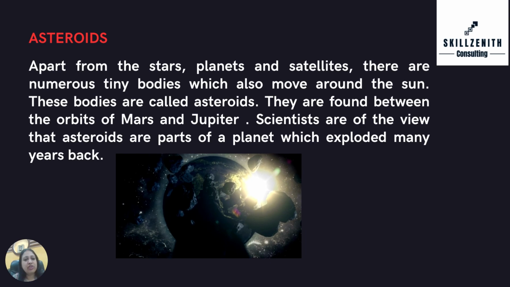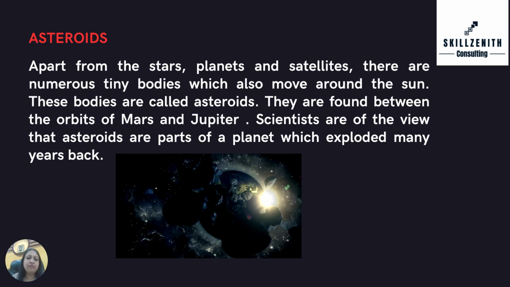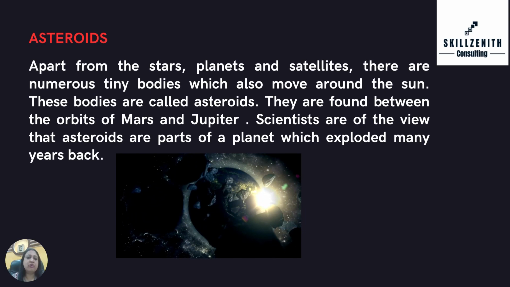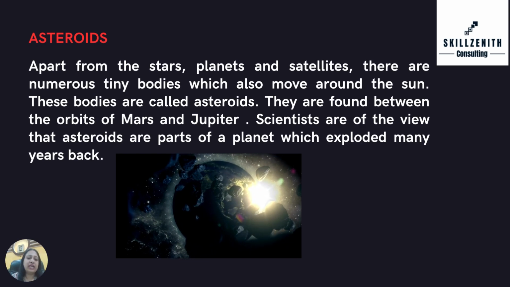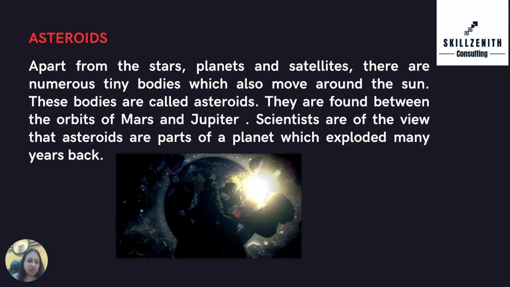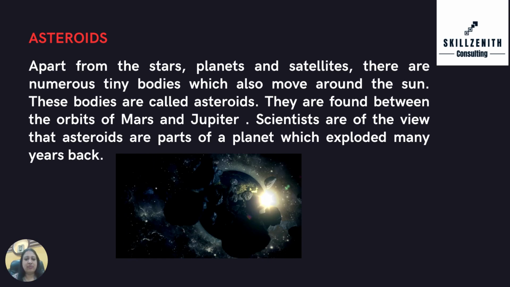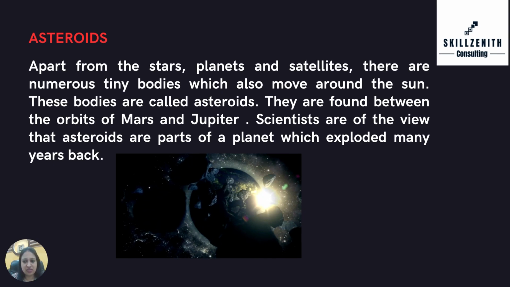They're normally found between the orbits of Mars and Jupiter. Scientists are of the view that asteroids are parts of a planet which exploded many millions of years back. Probably the planet broke down, and parts of it are still moving around the sun. That is one of the theories, but there is no conclusive evidence on this.